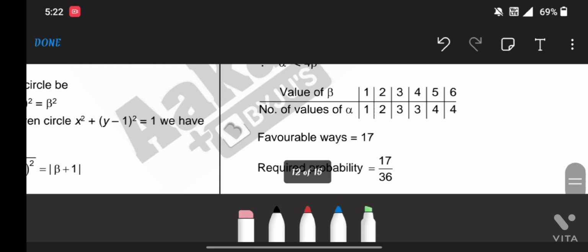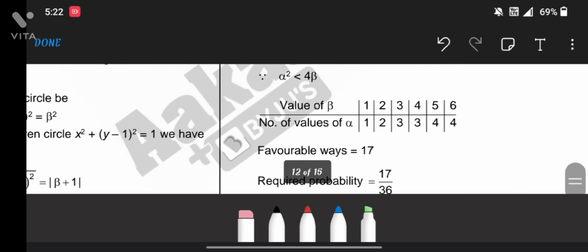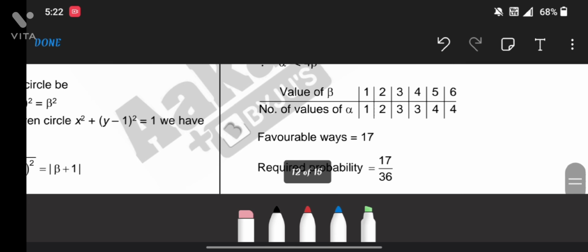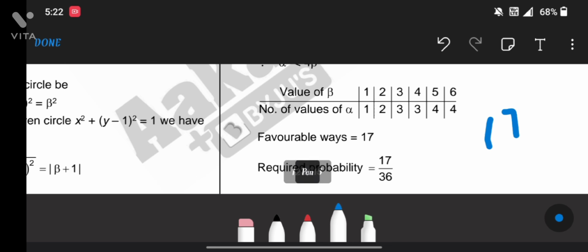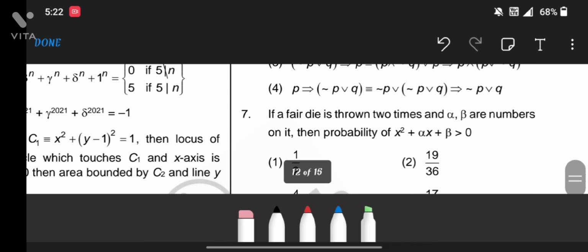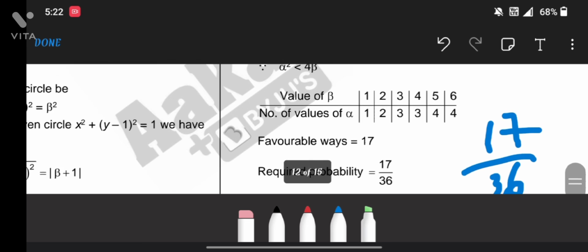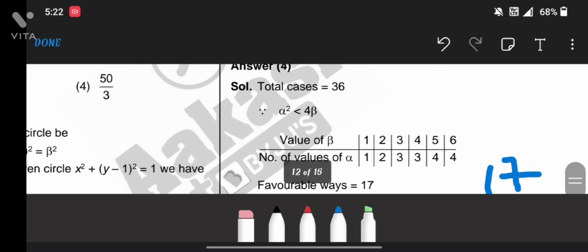If we take 1 plus cos 6 pi by 5 plus i sin 6 pi by 5, so 2 cos 3 pi by 5 times cos 3 pi by 5 plus i sin 3 pi by 5. After solving this, we'll get 2 cos 2 pi by 5 times cos minus 2 pi by 5 plus i sin minus 2 pi by 5. So after solving, the answer we'll get is minus 2 pi by 5.